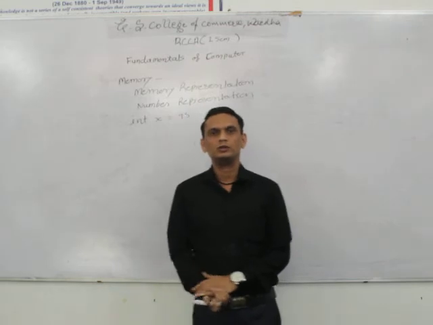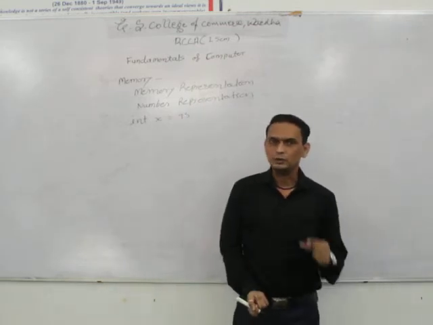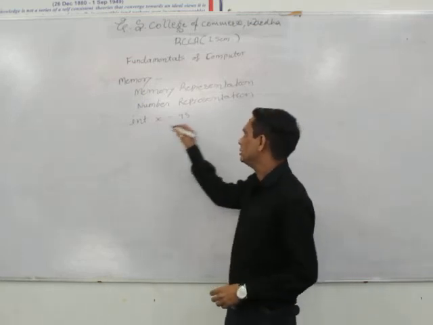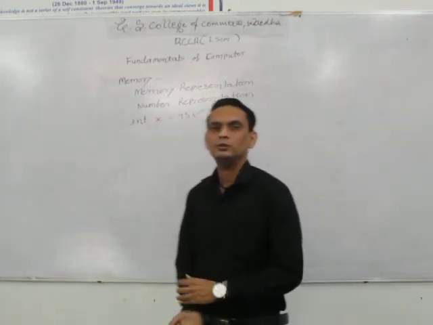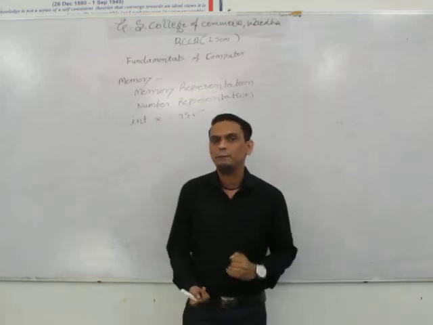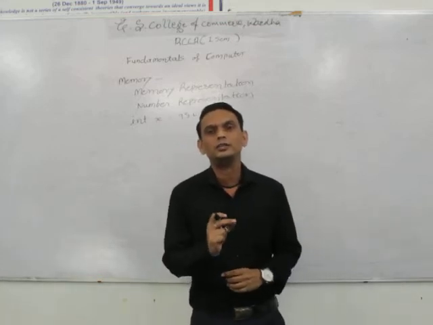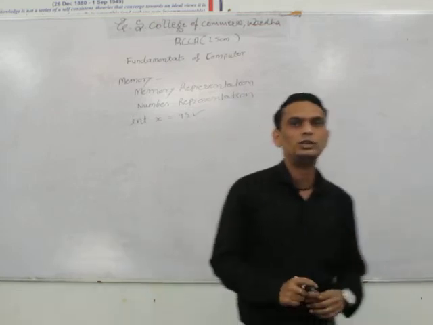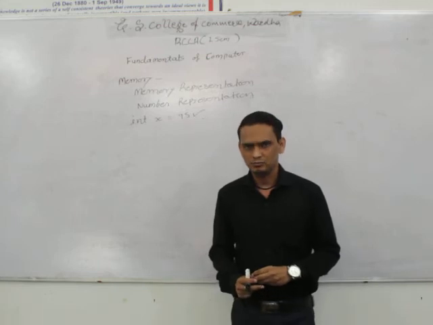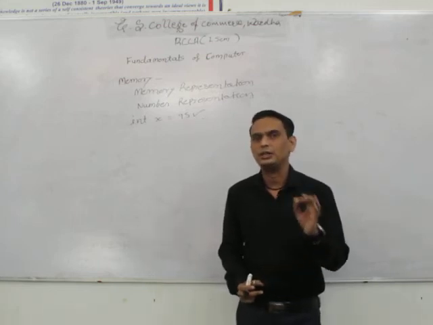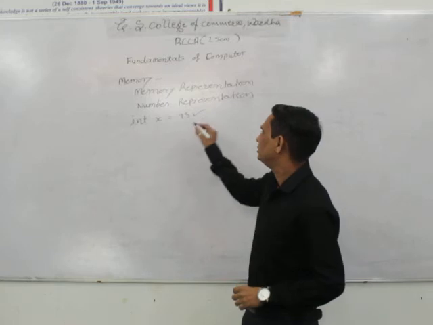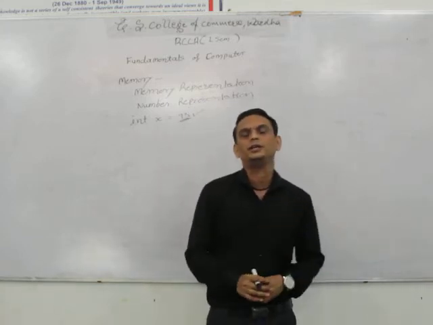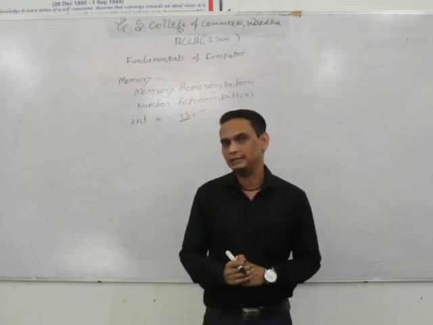But the computer system cannot understand high level language. The 95 is a decimal number which can be understood by a human, but 95 cannot be understood by the computer system. Therefore, computer system only knows binary digits or machine level language. So this particular number 95 should be converted into binary digits.